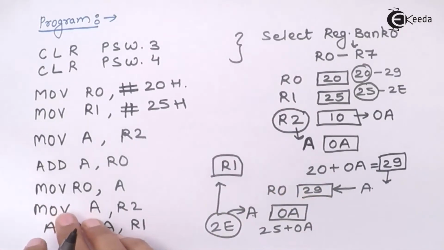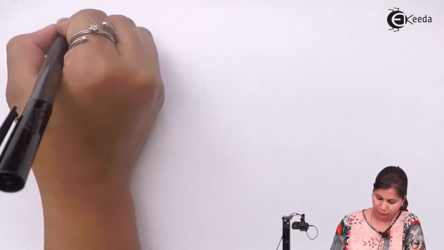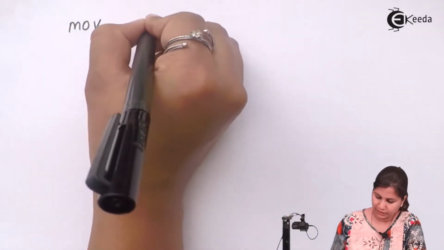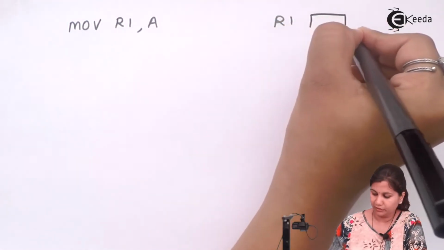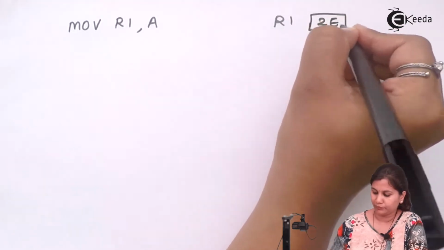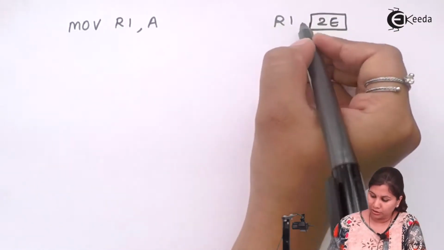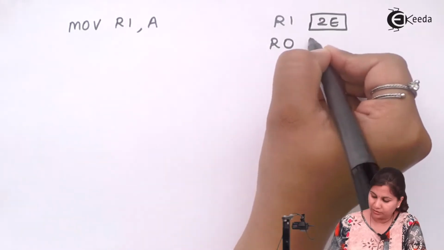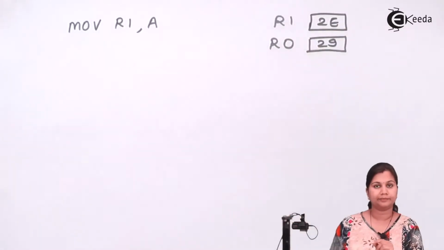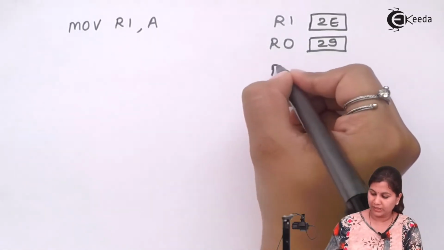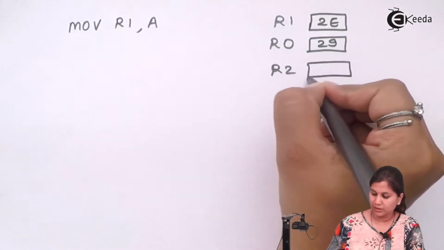So again we are going to move A into R1. So R1 is now having 2E. And R0 is having 29. R2 is having 0A.